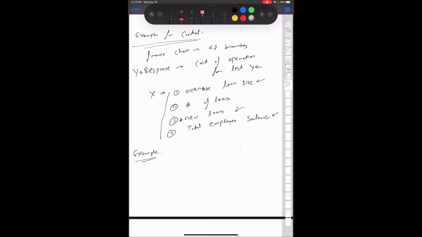So let's say x is the dosage of drugs, and y is the reduction in pain.